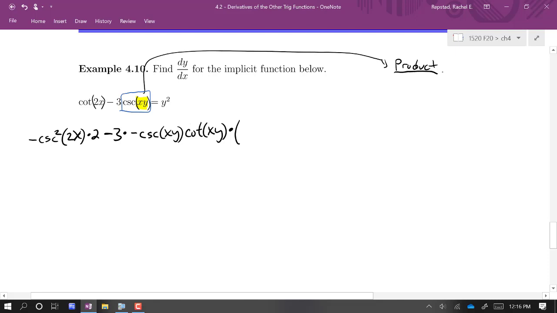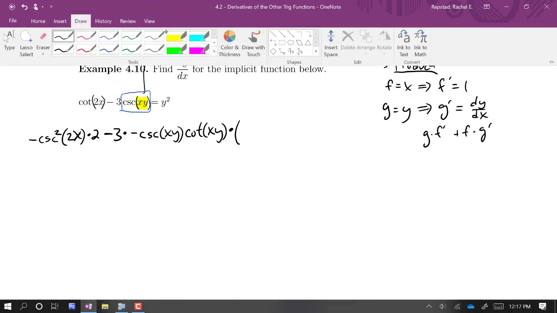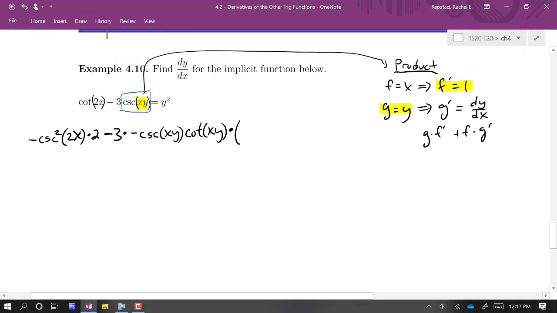So our f function is x, that means f prime is 1. Our g function is y, and that means g prime is just dy/dx. And we're going to use our product rule, which is g f prime plus f g prime. g f prime is y times 1, so just y, plus f g prime, that's x dy/dx.